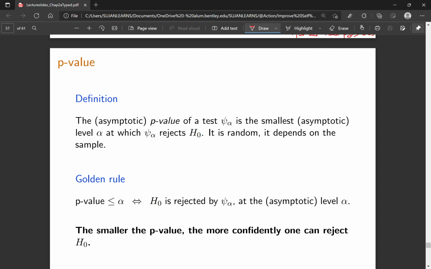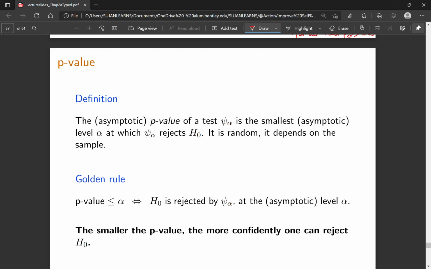So somewhere between 0 and 1, there is a cutoff that we are looking for. And this cutoff is where, when alpha keeps going down, there comes a point where alpha is equal to the smallest alpha at which we can reject H naught.